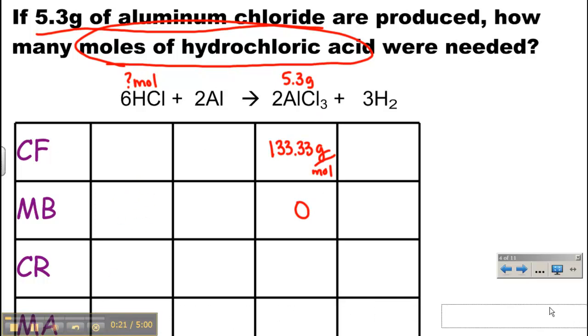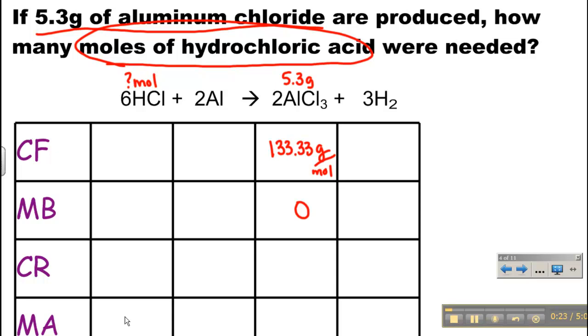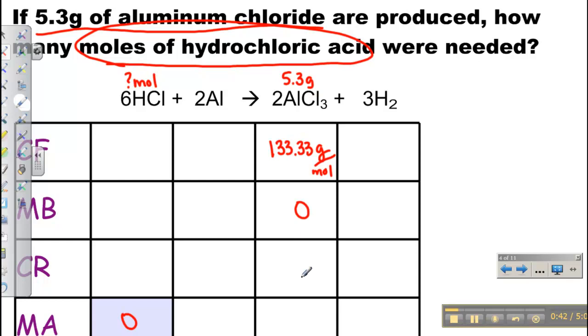Okay, so we know that at the end of our reaction, let me grab a pen, we are going to end up with 0 moles of HCl. All of our moles of HCl are going to be used up. Okay, so we got to work our way backwards a little bit here. So we know that if we produced 5.3 grams, we can convert grams to moles, and that'll give us our moles after.